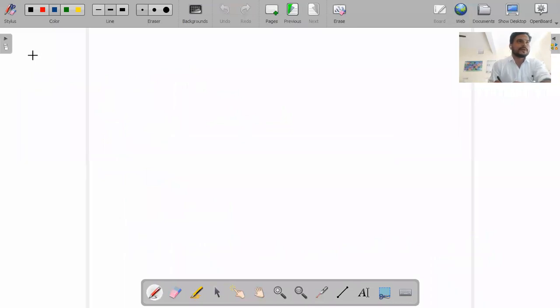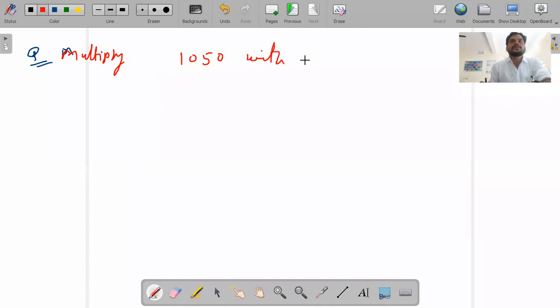Let's have one example again. Multiply, say, 1050 with 1025.